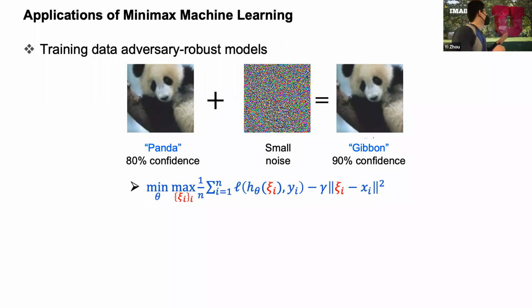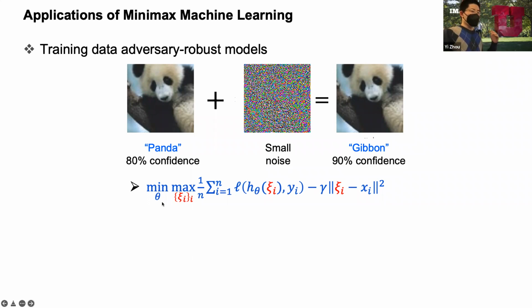It turns out that we can resolve this issue by solving an adversarial robust training problem, which is formulated as follows. I will not go into the details of the formulation, but the high-level idea is that we are still minimizing the classification loss over the model parameters.